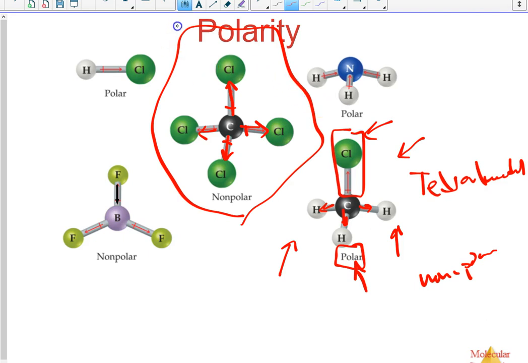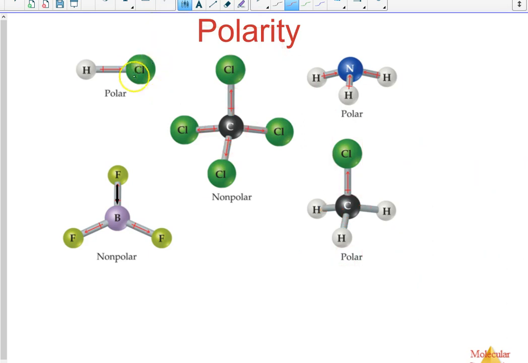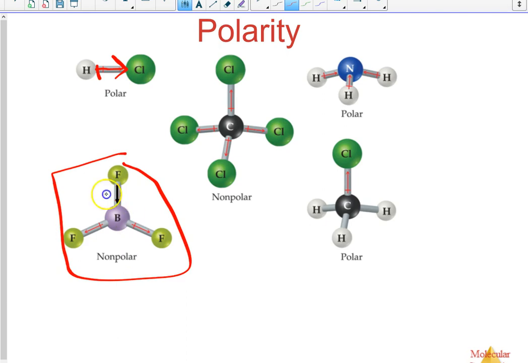Okay. So to review polarity, if it's just 2 atoms and one's more electronegative, it's always polar. All right? Planar substances are typically nonpolar as long as all the atoms match. Things that are pyramidal are typically polar, as long as their bonds are, because there's nothing to cancel it out.